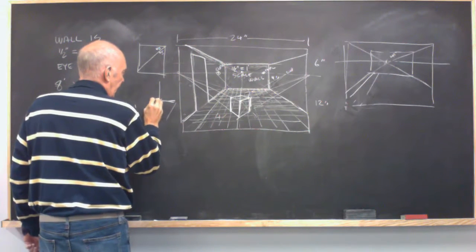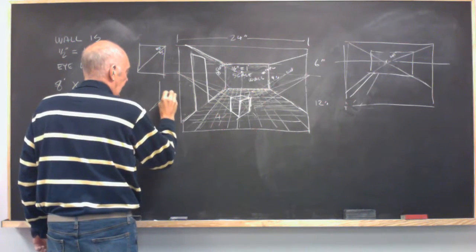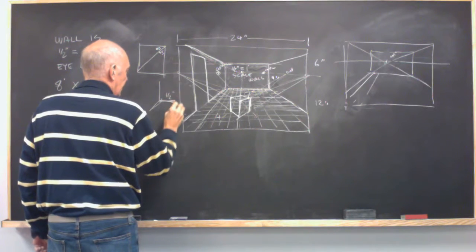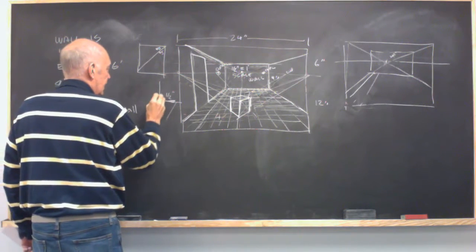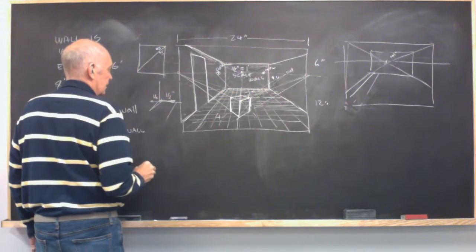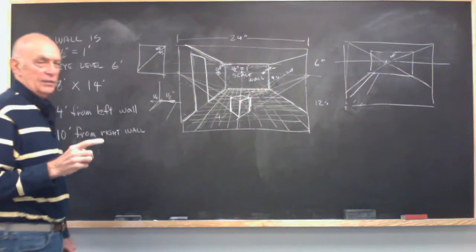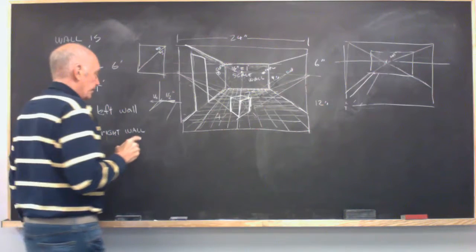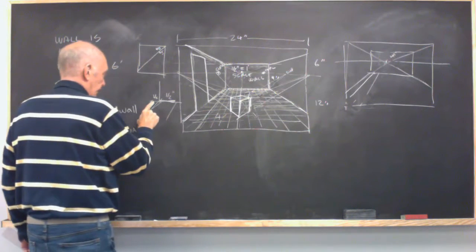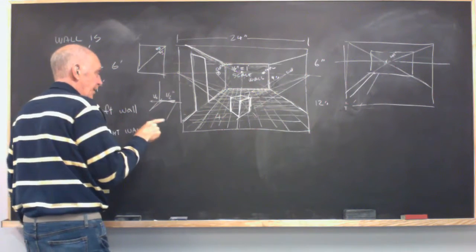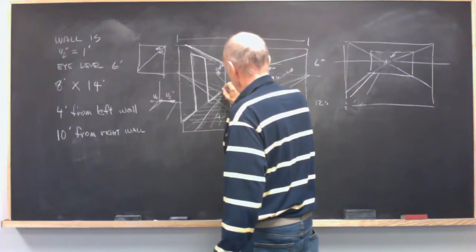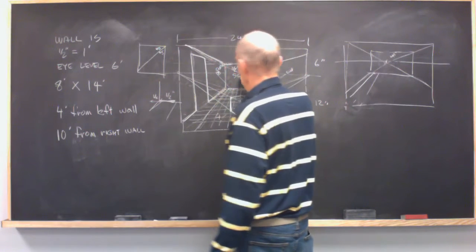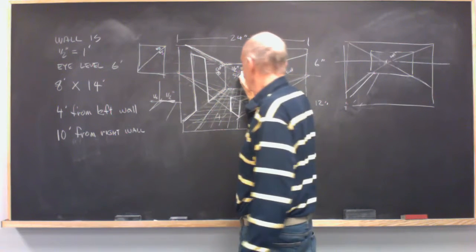I measure out, and this is a 1/2 inch. Since it's to scale, I measure out this way 1/4 of an inch. Normally walls are about 6 inches. A 1/4 of an inch would be about 6 inches. So I measure out 1/4 of an inch and bring that measurement forward using this line of sight vanishing point.